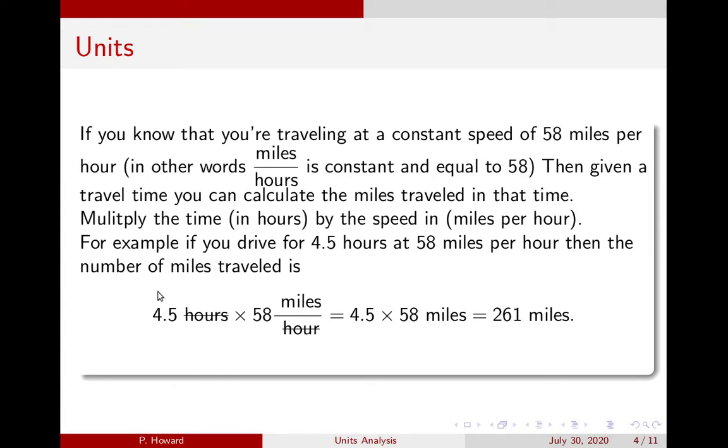We multiply 4.5 hours by 58 miles per hour. What I would like for you to notice here is how the hours cancel. This is the beginning of our analysis of units. So the hours cancel. The final figure will be in miles, and 4.5 times 58 miles is 261 miles.